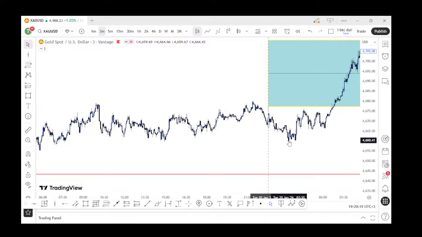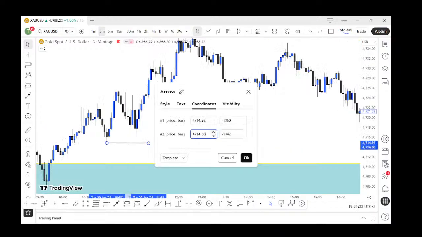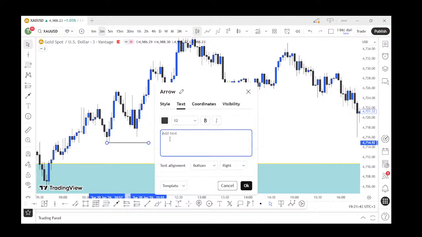Let me do it like this. You mark the low, 1492. So this was our low, and you can name it the 3 minutes low, and it has to be at the bottom.